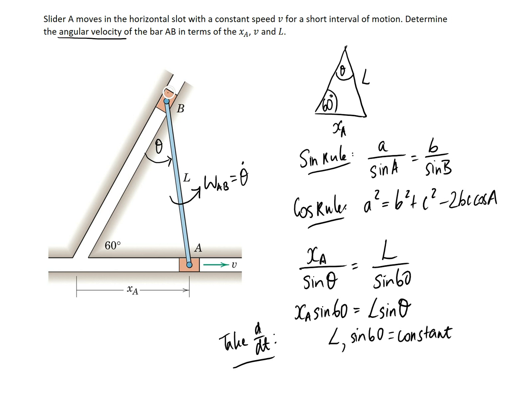L is constant because it's just the length of this rod, which is not able to extend or retract. And we know that XA and theta are going to change with time. That's because this block is able to move within the slot, which is going to change the length on the triangle here, and that's also going to change the angle that sits in there as well.